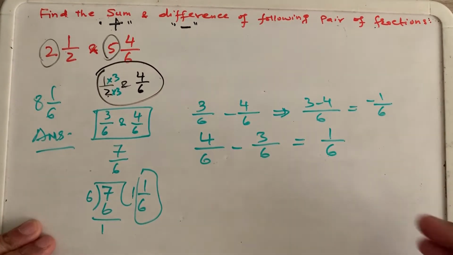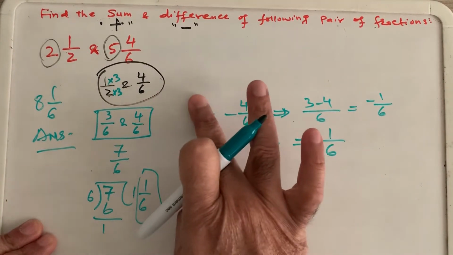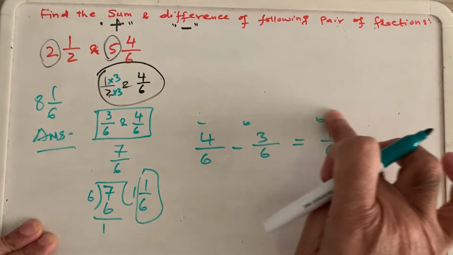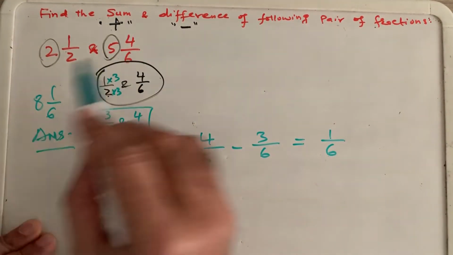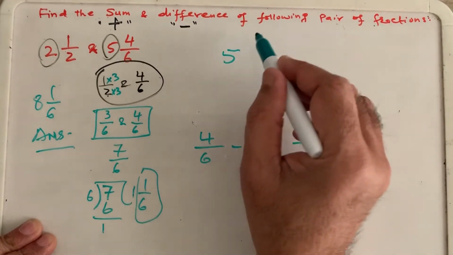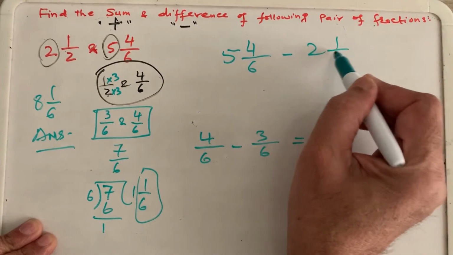If we were doing only algebra, we could keep the minus sign, but since we are doing fractions, I will subtract 5 and 4/6 minus 2 and 1/2. The bigger fraction goes first.